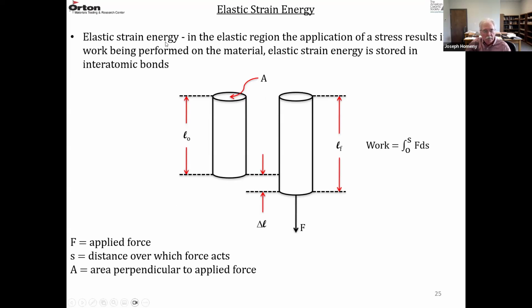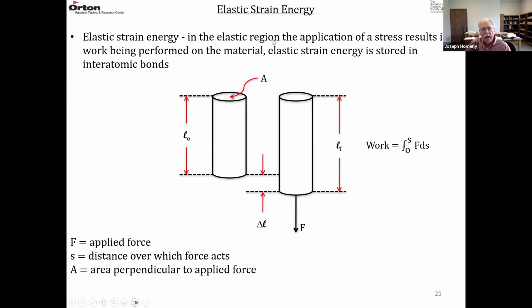Another concept that we have to deal with is stored elastic strain energy. This is the driving force for fracture, whether you have a mechanical strain or a thermal strain.